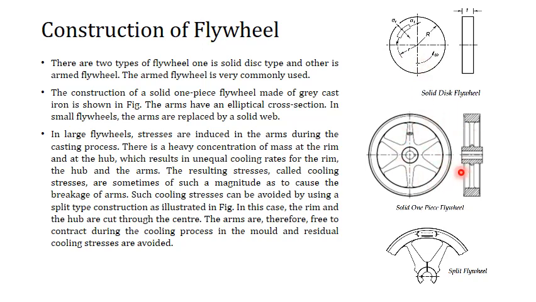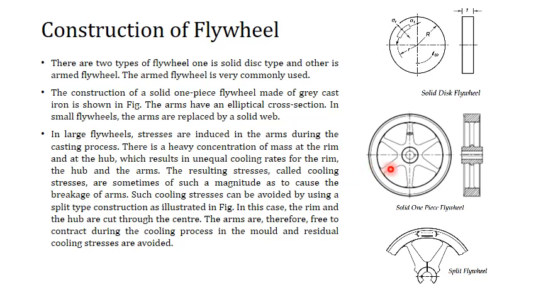This figure you can see where the flywheel consists of arms, rim, hub. Okay, so this is very commonly used type of flywheel in many of the applications. Now, as far as arm flywheel is concerned, there are two types of construction methods of arm flywheel.